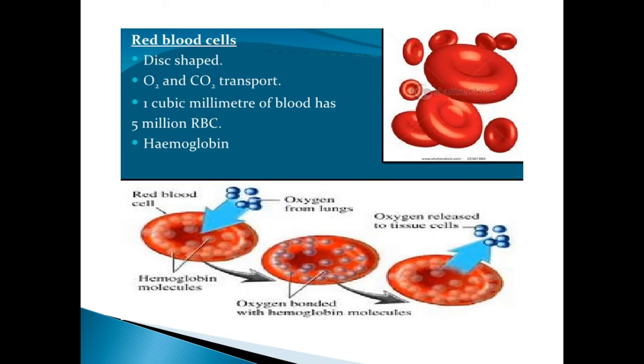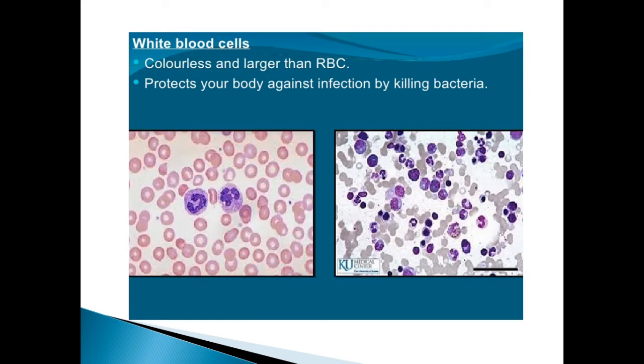Now, red blood cells are disc shaped, they transport oxygen and carbon dioxide, and hemoglobin is present in red blood cells. White blood cells are colorless and they are larger than red blood cells. Their function is to protect our body against infection by killing bacteria.